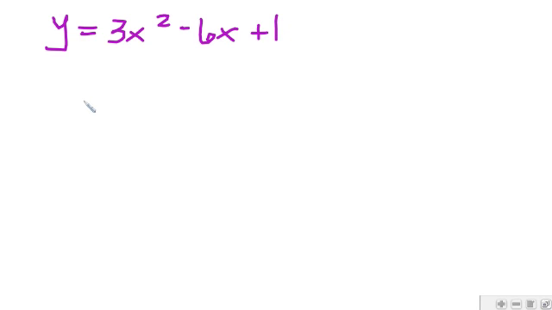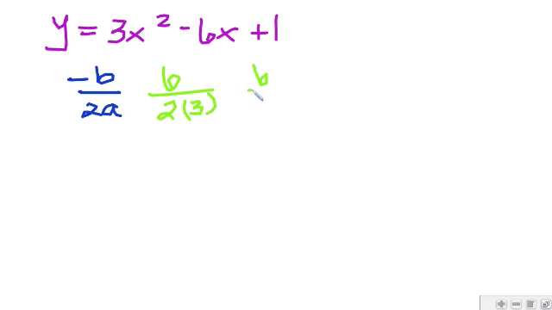Our first step is to find the axis of symmetry. Your axis of symmetry is -b over 2a. Always, always, always. So let's just go ahead and substitute in our values. So I'm going to get -b, which is -6, which is going to give me a +6, because a negative and negative will give me a +6, over 2 times a, which is 3.